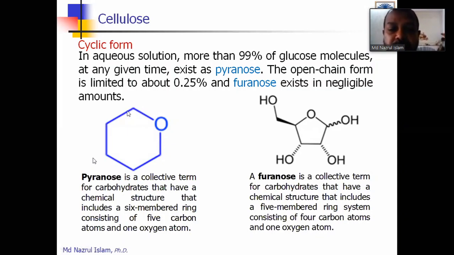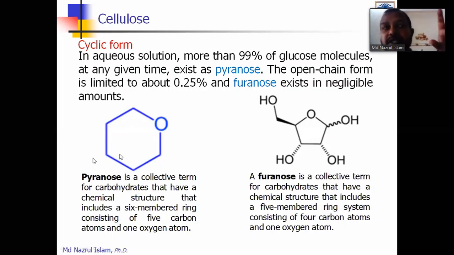So 2 are already used, and the other 2 will be used in a different way. But the oxygen doesn't have any charge because it is O2, so it has 2 arms. So at the 5th carbon position we will see that in different ways. But from that C6H12O6, 5 carbon is used in the ring.